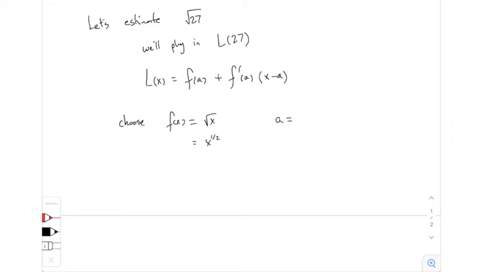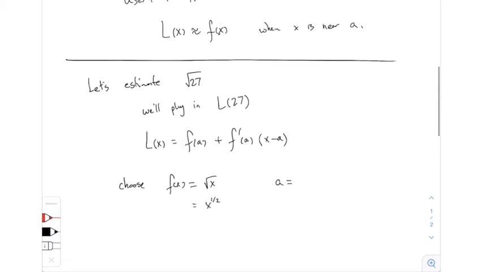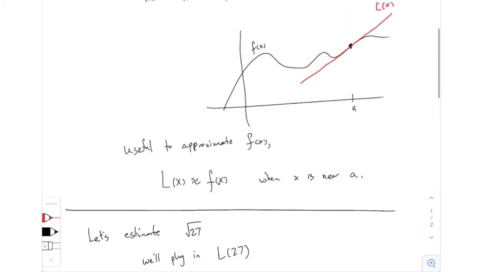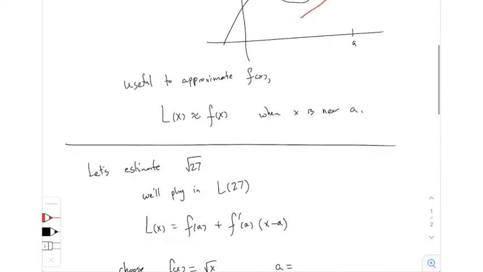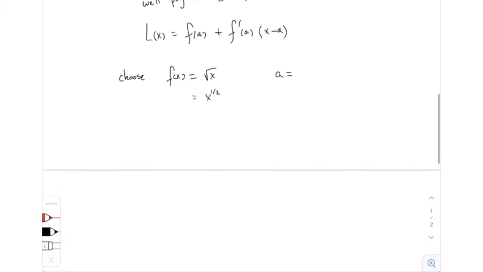And then the a. So a is the specific point on the picture here. It's the specific point where you make the line meet up with the original function. The way you choose a is that it should be some number or some point near 27, which we already know the square root of.